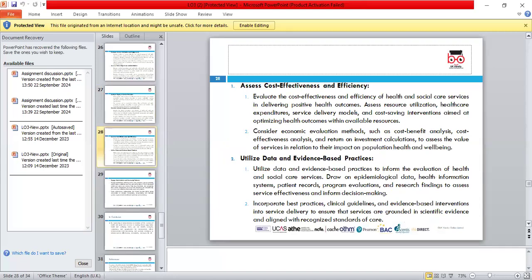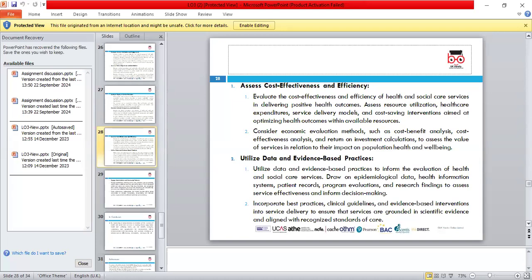Okay, we also assess cost effectiveness. You mentioned cost benefit analysis yesterday. Evaluate the cost effectiveness and efficiency of health and social care services in delivering positive health outcomes. Assess resource utilization, healthcare expenditure, delivery models, and cost-saving interventions aimed at optimizing health outcomes within available resources.